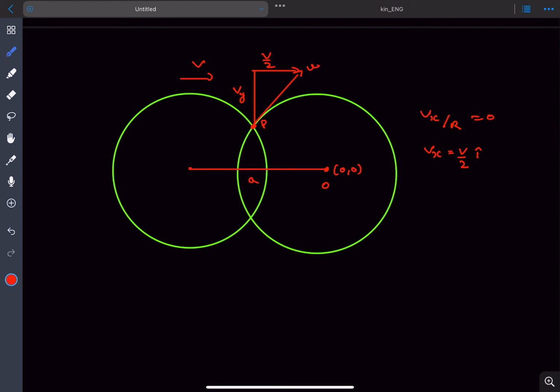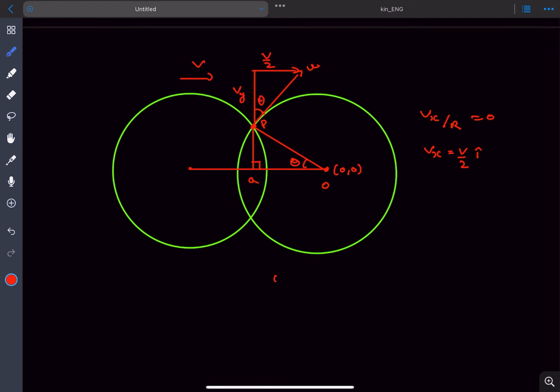So for that, if we join the point P and O together, and if we drop a perpendicular, we can see these two are similar triangles now. So if I say this angle is theta, then this angle is theta as well. Now let's write cosec theta.